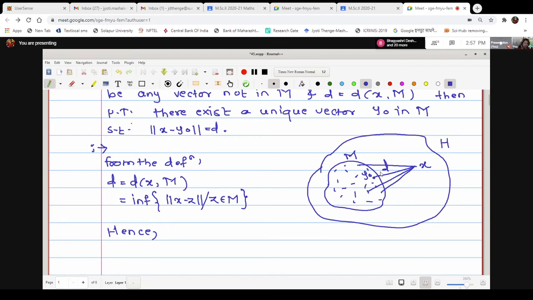We can form the sequence. Here we are not giving a guarantee of existence of such a d. Here we are just forming a sequence.